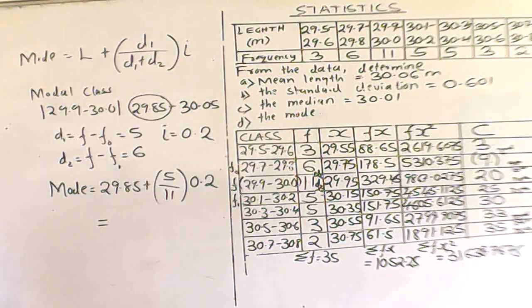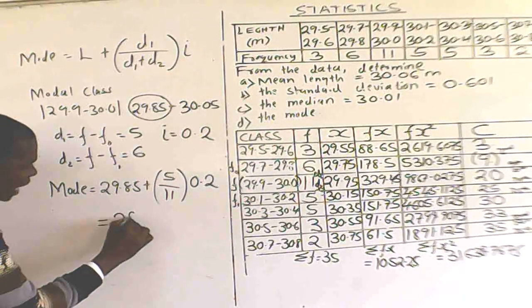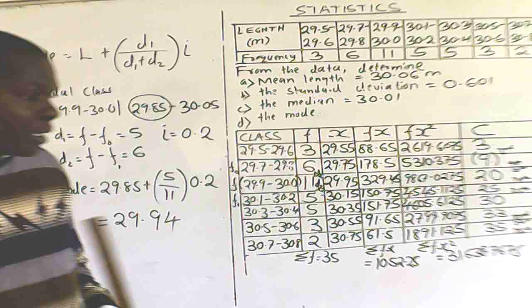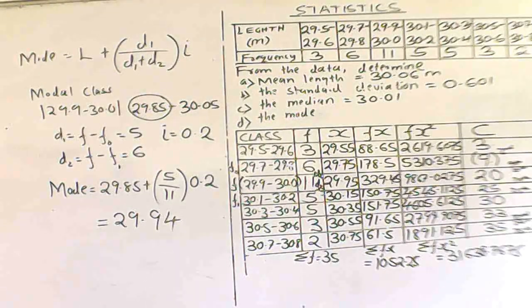You have 29.94 to be the mode. So that is how to determine the mode. Are you together? So you have to know how to get the mode, the median, the mean, and the standard deviation. Let us see another case.